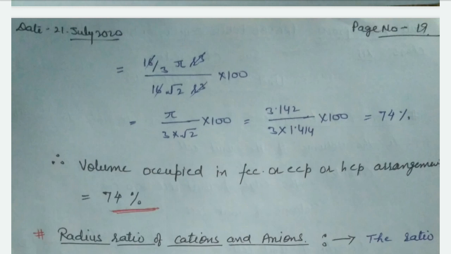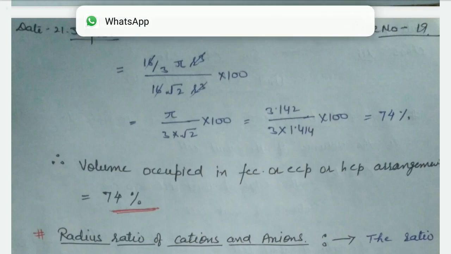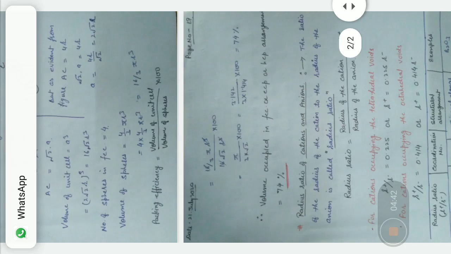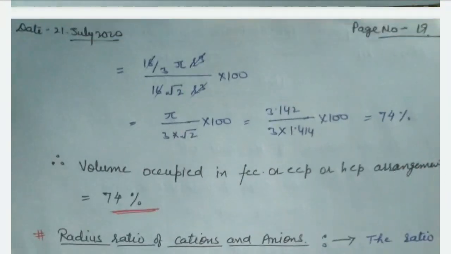In BCC, it is 68% and in simple, 52.4%. But in FCC, it is 74%.